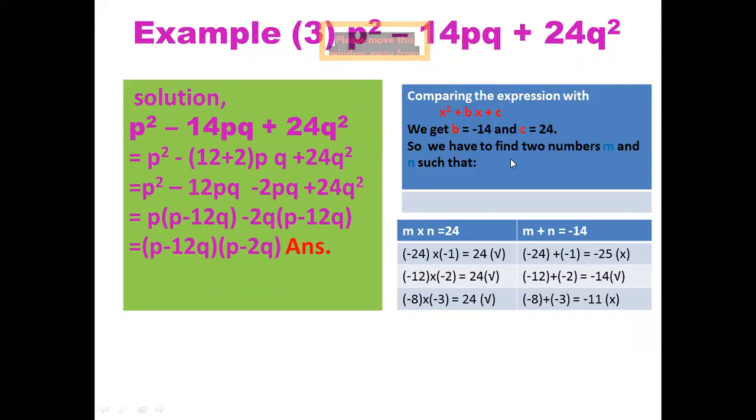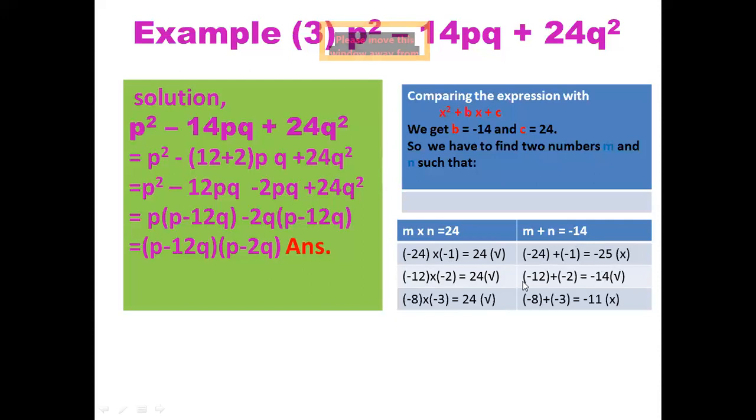So we have to find two numbers m and n, such that m into n is 24, and m plus n is minus 14. Let's take an example here: minus 24 into minus 1 is 24, which is correct, and minus 24 plus minus 1 is minus 25, which is incorrect, it must come minus 14. Minus 12 into minus 2 is 24, which is correct.